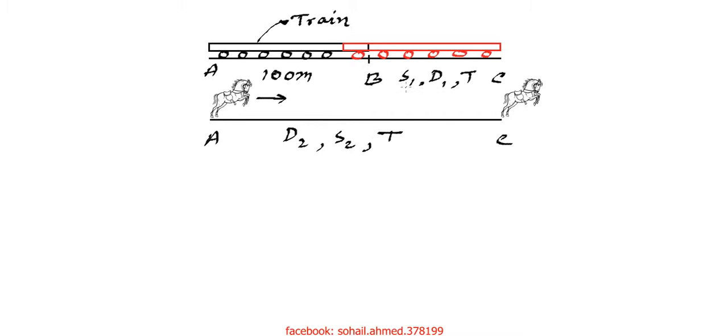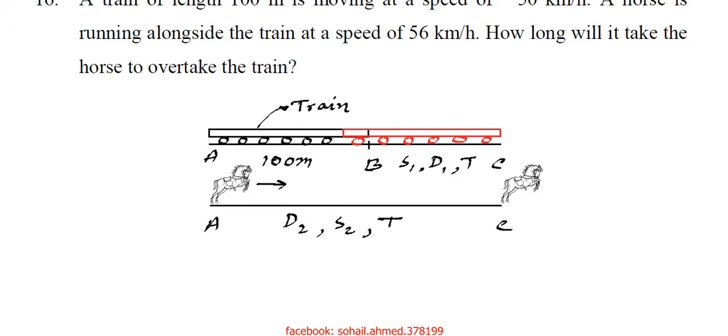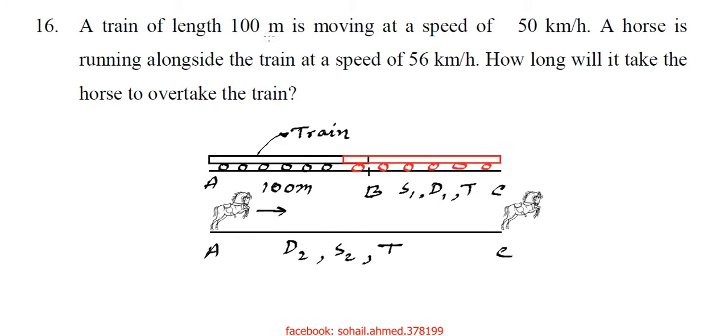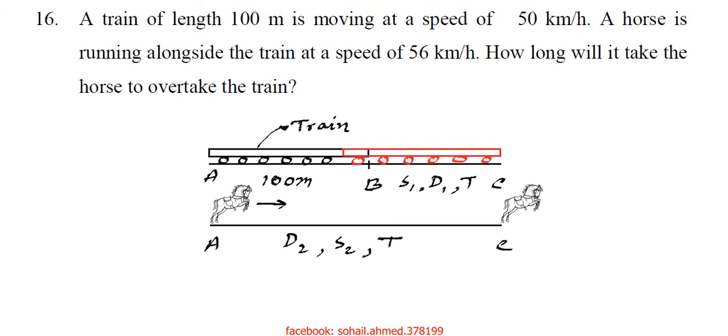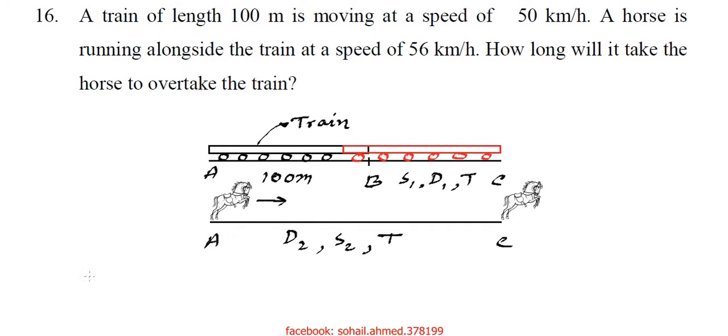Before writing this equation, we have to simplify speed 1 and speed 2, since the distance is in meters, but here speed is given in kilometers per hour. So we'll convert this speed into meters per second. Now s1 equals 50 kilometers per hour, and s2 is 56 kilometers per hour.